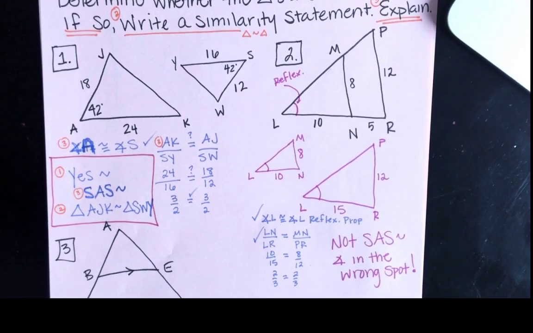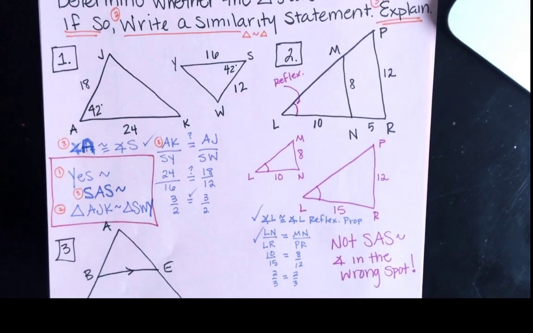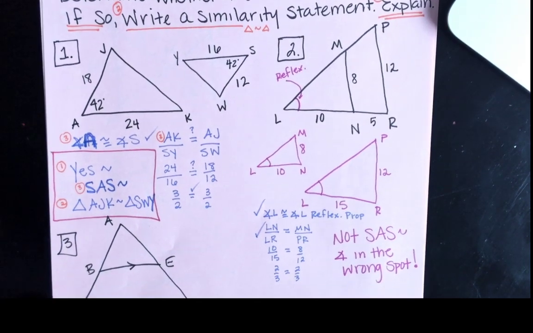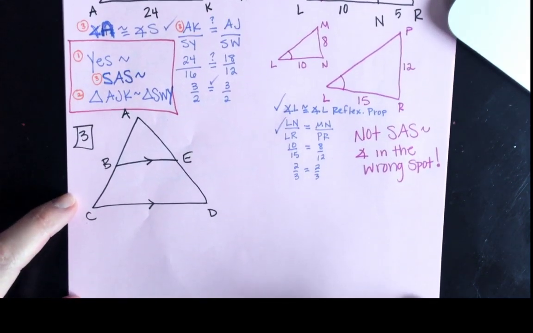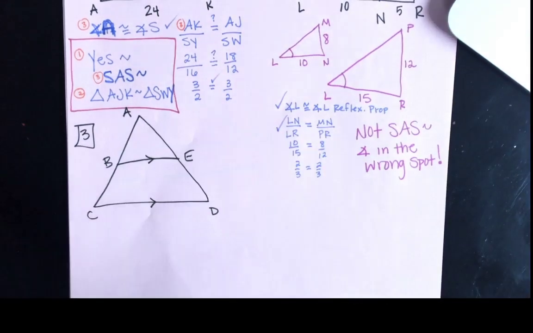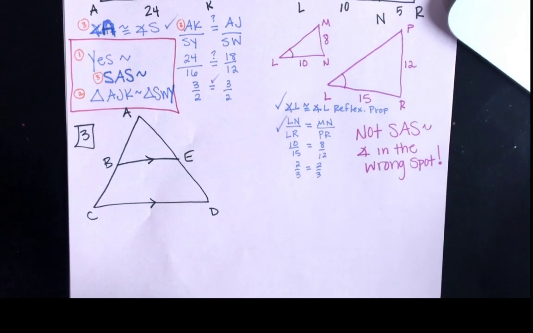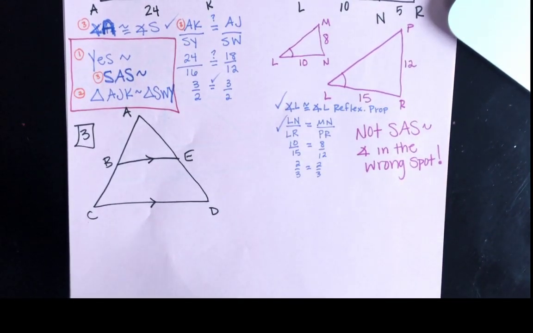All right, last question, and I added this because of our discussion with corresponding angles. And right away in number 3, I am really hoping that we can see there are no side lengths given. So it's either going to be angle or not at all.